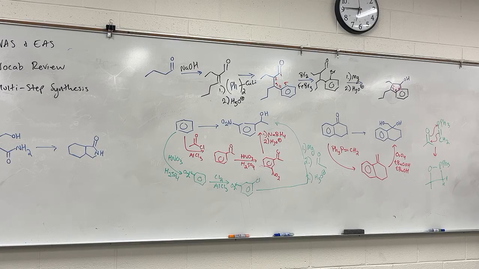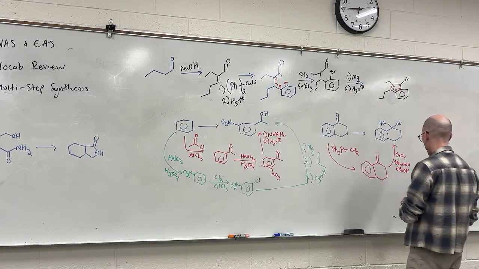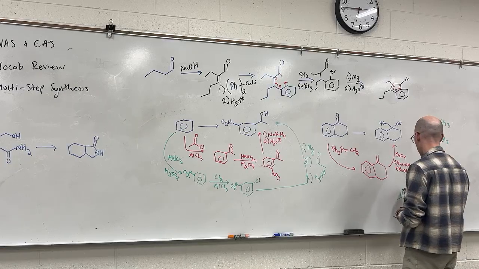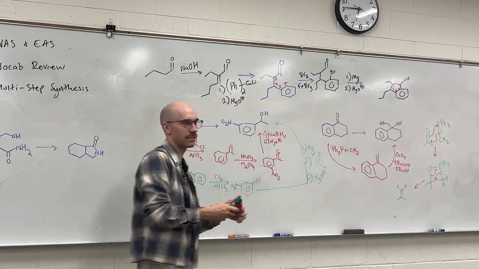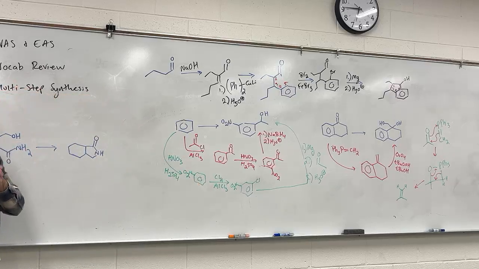And we form the alkene by essentially repeating that bond movement. The CO single bond breaks and the CP single bond breaks. And we're left with an alkene. So the Wittig reaction is an alkene synthesis reaction. Take an aldehyde or ketone.